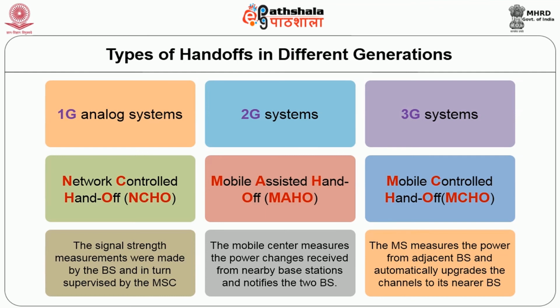Hence the mobile itself took control of the handover, and hence the name mobile controlled handover. Here the delay is only 100 milliseconds, and the power required was 20 dBm. This has also improved the quality of service drastically, but of course increased the complexity of the circuitry.